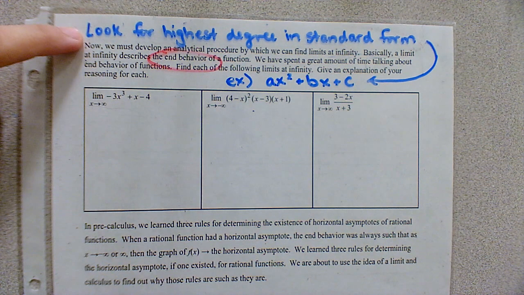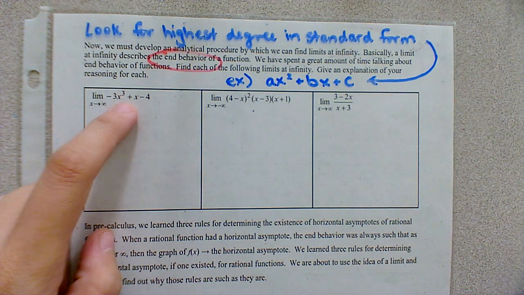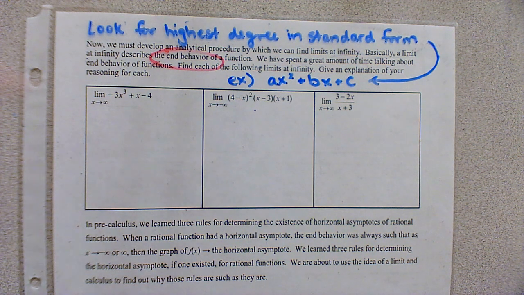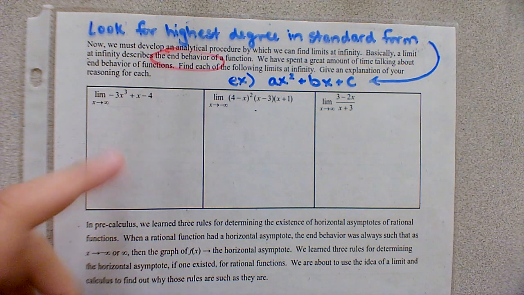One thing you can do is look for the highest degree in standard form, because if you were to think about plugging in infinity into those x's, we can't really do direct substitution with infinity. It doesn't work the same way as it would with a numbered value, because infinity is not a number, it's an idea. It represents a number, but it's not a physical number itself.